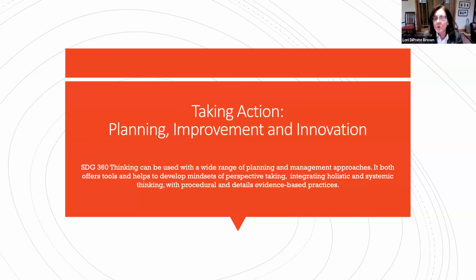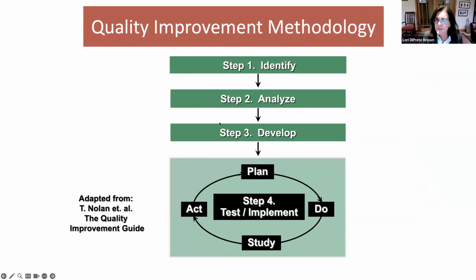So in the long run, we'll have this tool and these 5 approaches that make it easier for people to share their experiences across settings and within settings and with communities, from experts to community members and all of that. And so I just wanted to share a few images here of how this fits in with things like quality improvement methodologies.